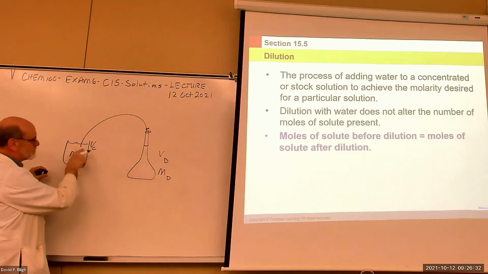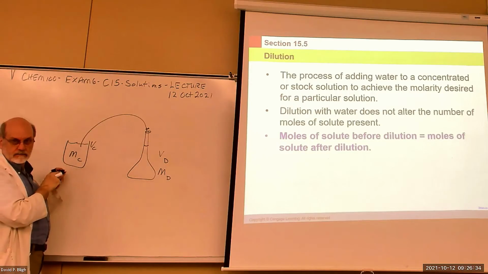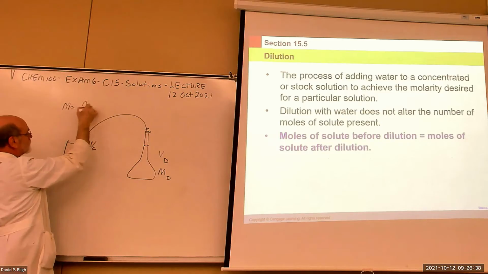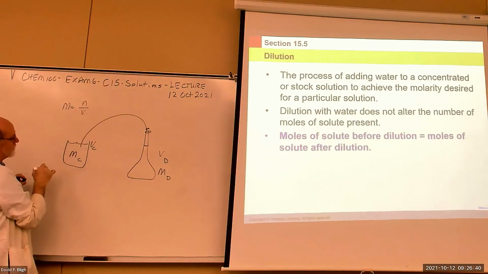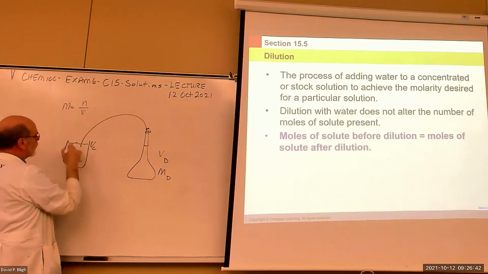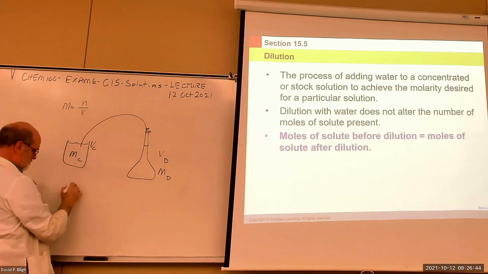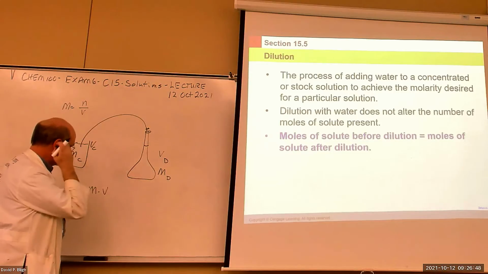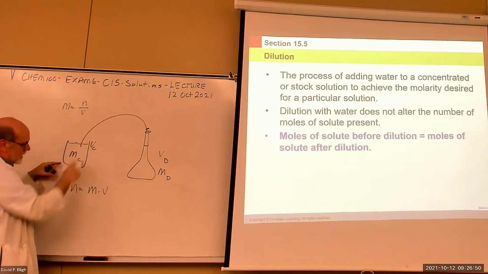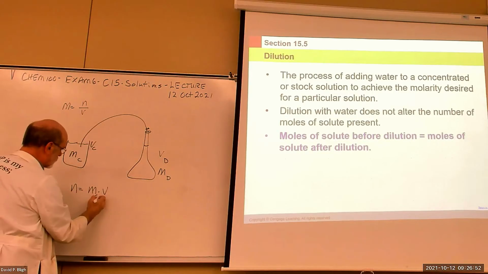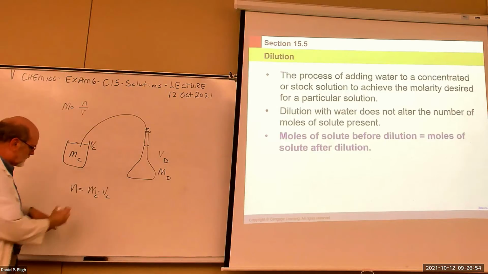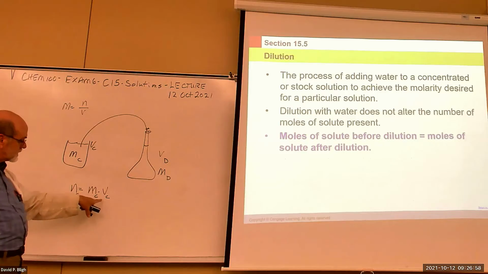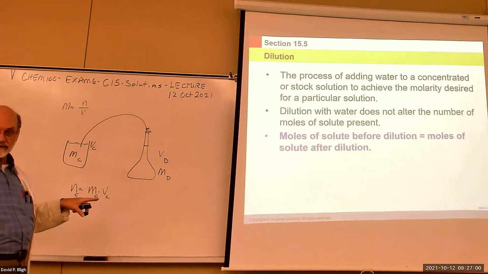All right, so how many moles did we take out of here? Remember, molarity equals moles divided by volume. So moles will be equal to molarity times volume. The moles taken out of the concentrated side would be molarity times the volume that we extracted.